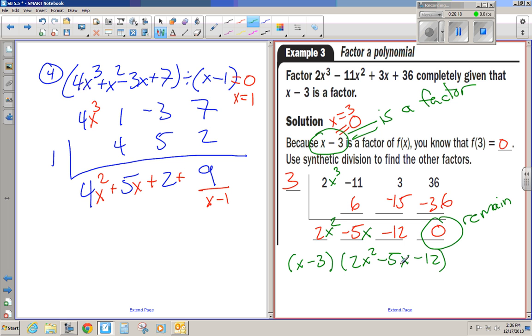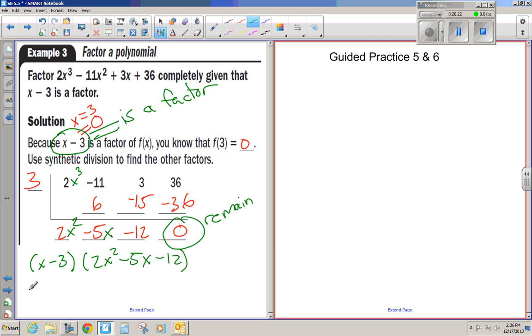All right, so we have part of this done. What we need to look at now is the fact that 2x squared minus 5x minus 12, we need to check to see if it's factorable. So we use Waddell's method. We say 2 times negative 12 is negative 24.